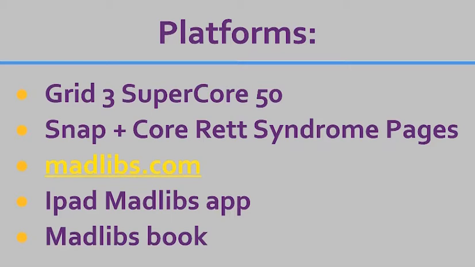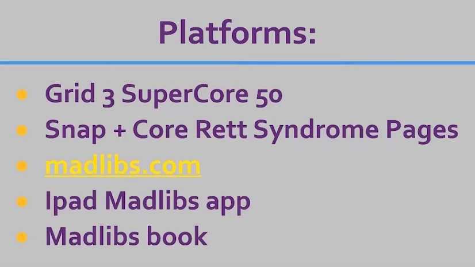So the platforms you're going to be seeing is I'm going to be doing the modeling of the activity on Grid 3 Supercore 50. And I'm going to also model it on SnapCore, the Rett syndrome pages, so that people have a chance to take a look at those two language platforms. I'm going to be using some activities from madlibs.com, and I will show you that in a video.